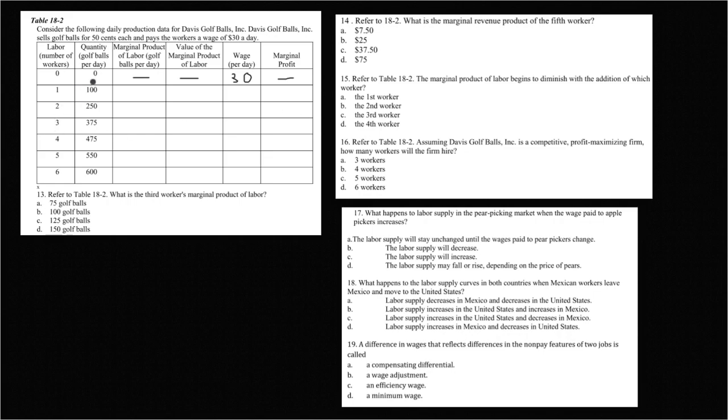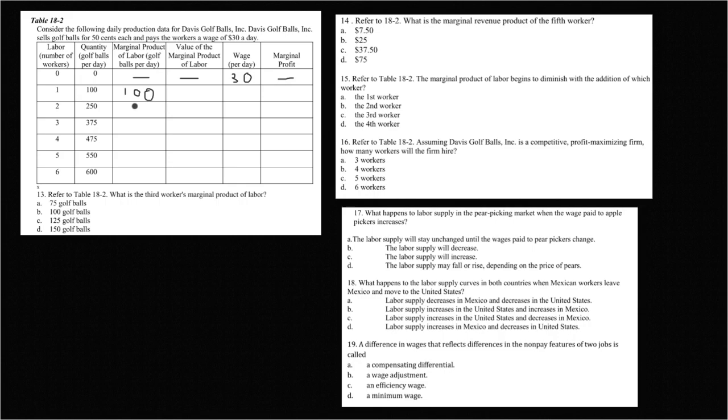All right, so let's look at this first one. We changed by 1 worker, and we changed by 100. The marginal product of labor is going to be the output, which is golf balls, divided by the change in the input, which is labor. So 100 divided by 1 is 100.